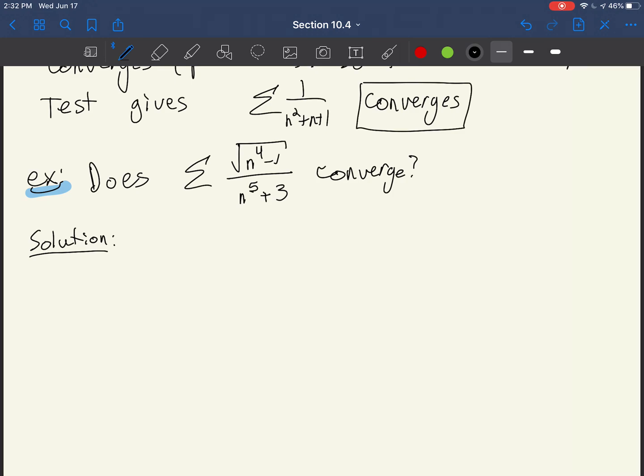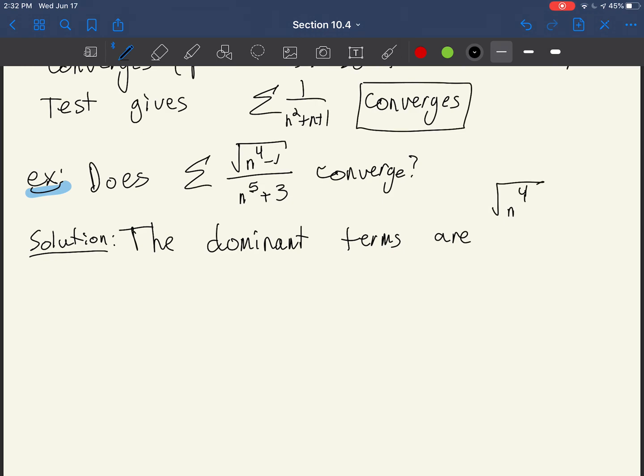Okay, so solution. We're going to do the same thing we did before. We're going to look at what are the dominant terms. This time we have to look at the dominant terms of the numerator and the denominator. So in the numerator, the n to the 4th is going to beat the negative 1.